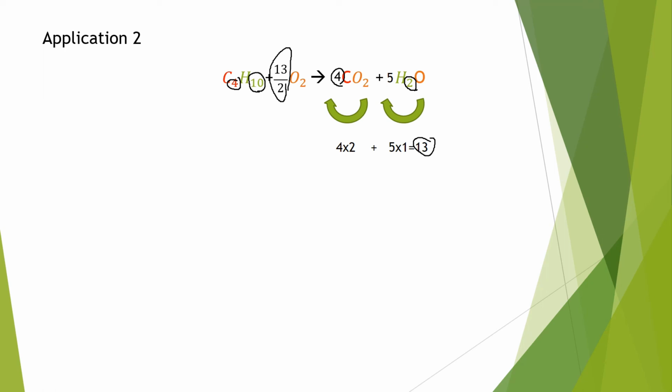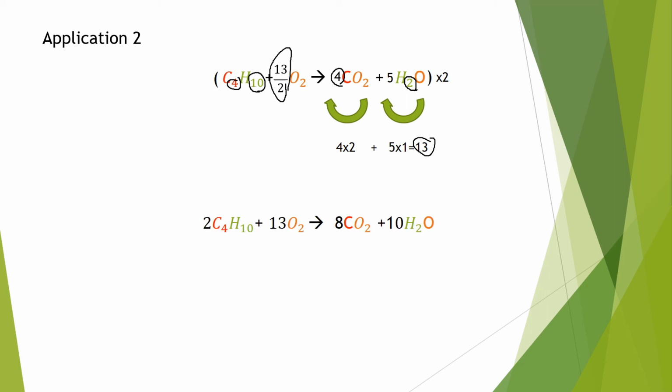Okay, but I cannot simplify it, so I must multiply the whole equation by 2, because in the equation I don't want to have a fraction. Okay, so I multiply it by 2.